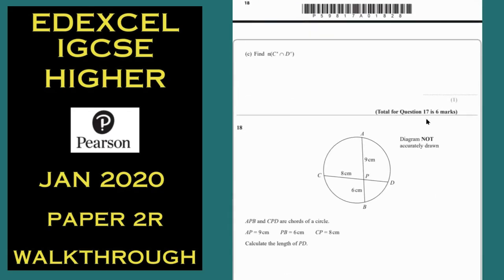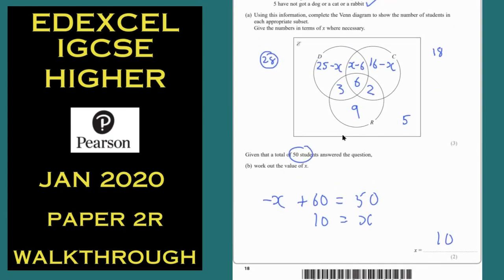And for part, there's a little part C on the end. So it says find the number that are in not C intersection not D. So the idea of that is not C is get rid of them.